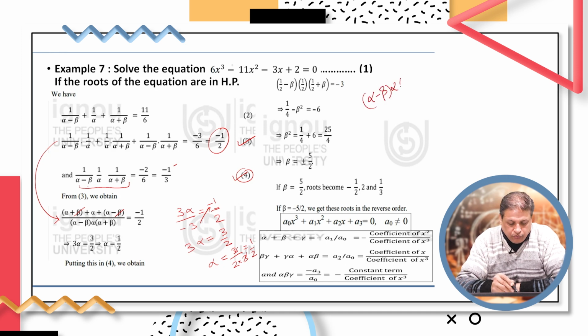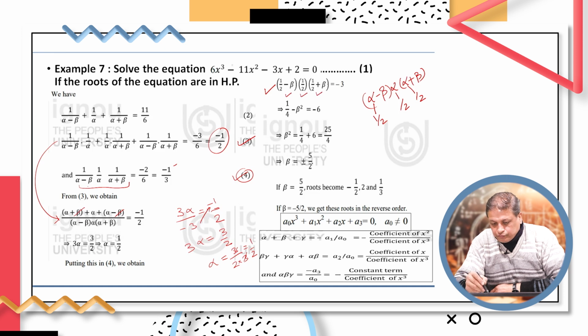By equation number 4, we are saying that alpha minus beta into alpha plus beta turns out to be minus 3, as a result of which we are getting the solution that beta is equal to plus minus 5 by 2. That means beta is having two values, 5 by 2 and minus 5 by 2.